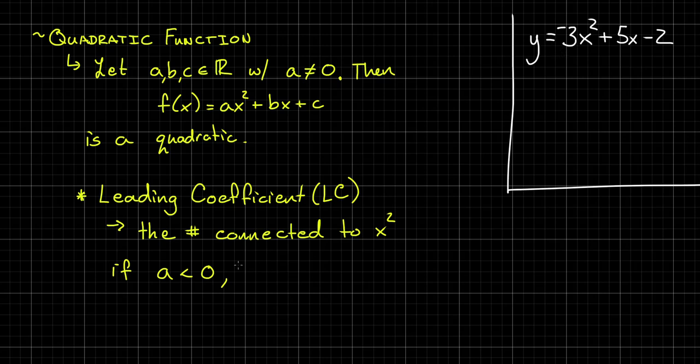Downward. If A is less than 0, f of x opens downward. Okay? And now I can use dashes. What if A is greater than 0? Good, I think.